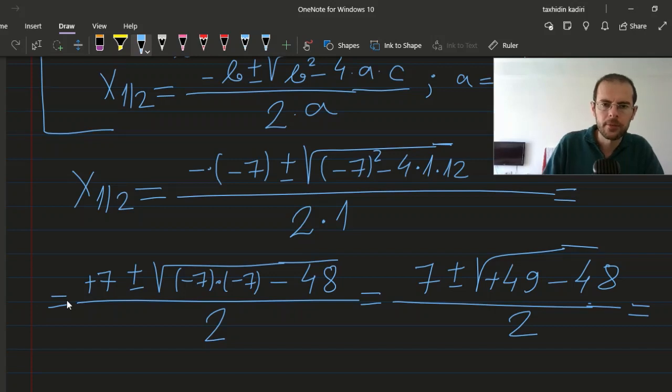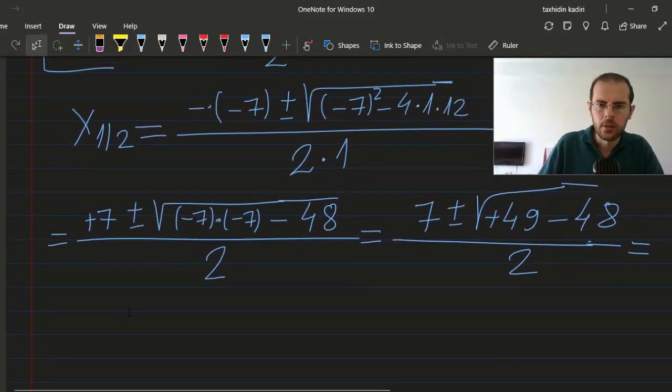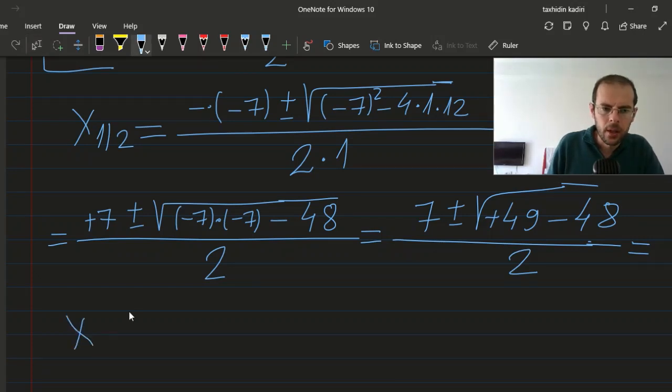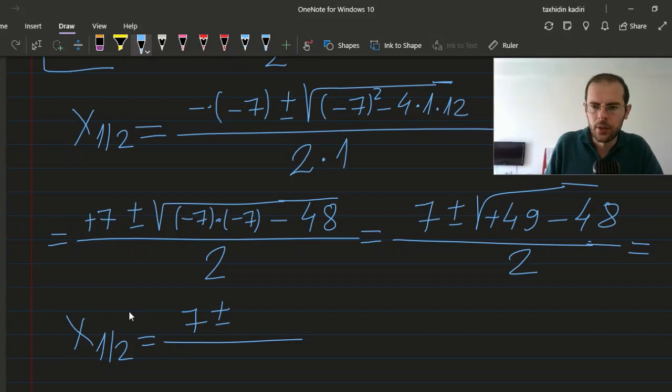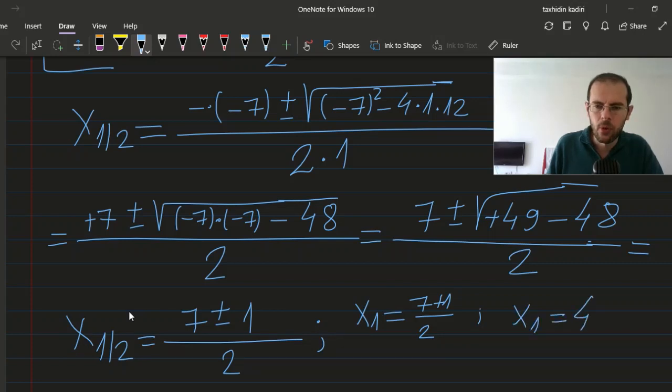Now what do we have? We have x equals 7 plus or minus the square root of 49 minus 48, which is 1. The square root of 1 is 1, divided by 2. Here we have x1 equals 7 plus 1 divided by 2, which is 8 divided by 2, it's 4.